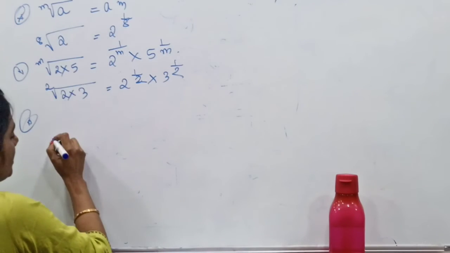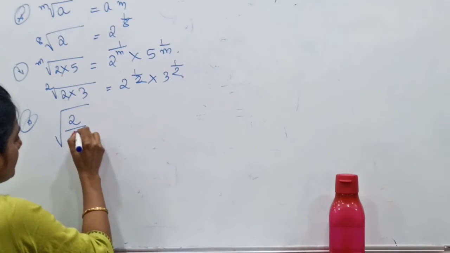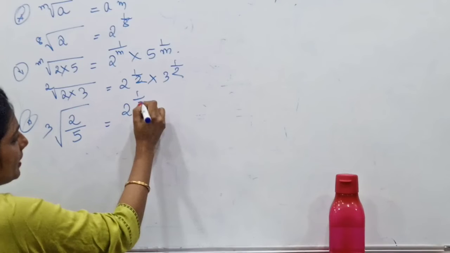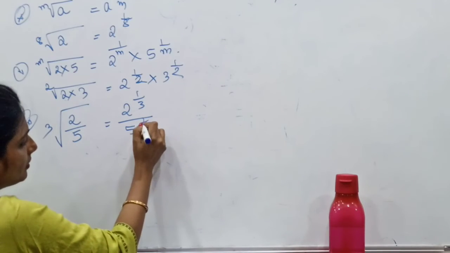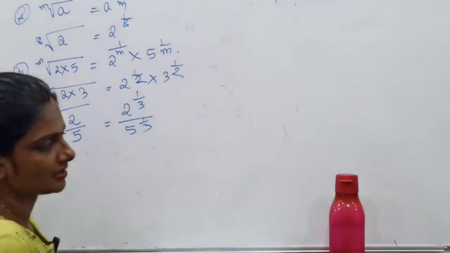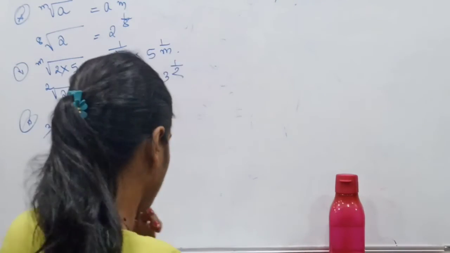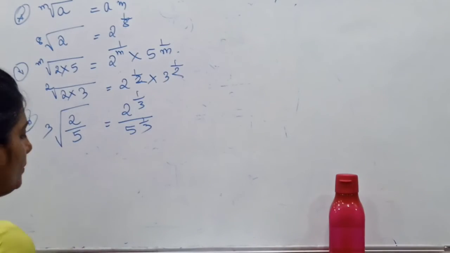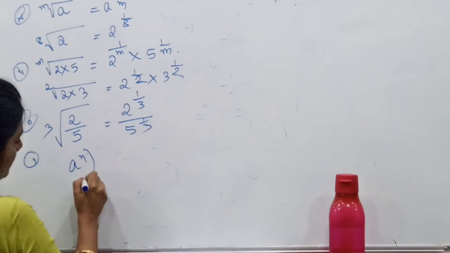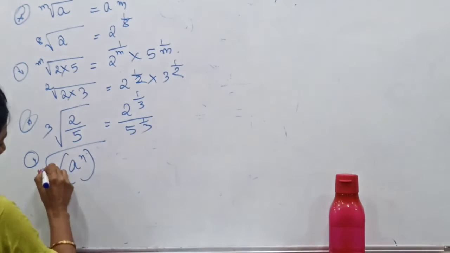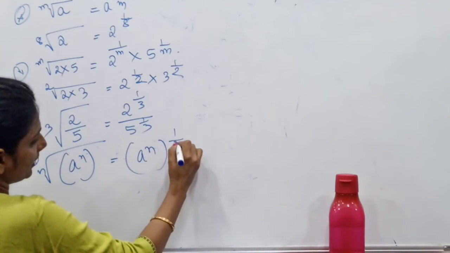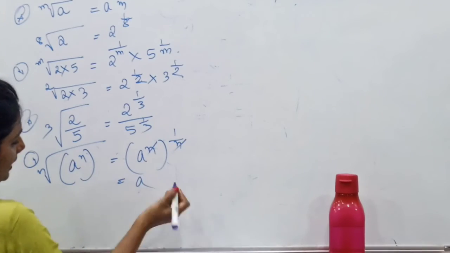Similarly, in the case of multiplication, the same is in case of division also. Suppose it is 3, then 2 to the power 1 by 3, 5 to the power 1 by 3. The same case is regarding multiplication, and the same thing is with the division. It's much more similar to exponents only. And suppose it is a to the power 1 by n and it is given there whole to the power n. So it is a to the power 1 by n times n, so this gets cancelled and we get a.